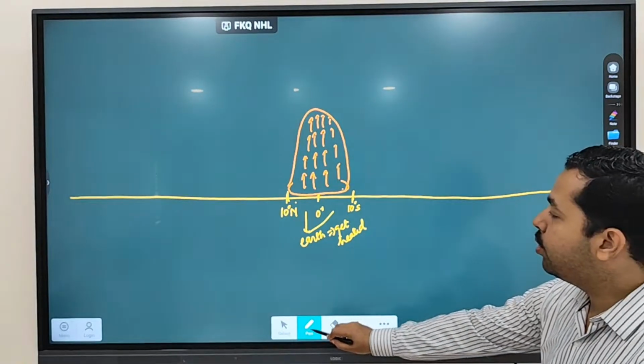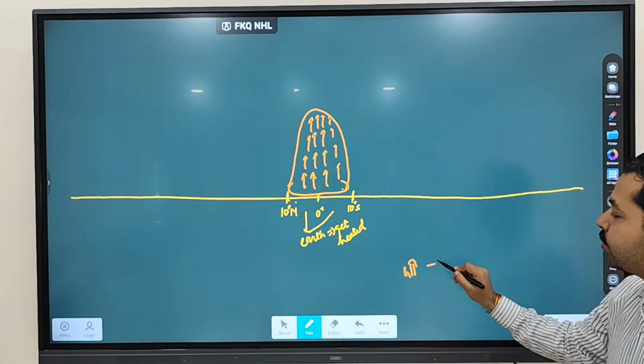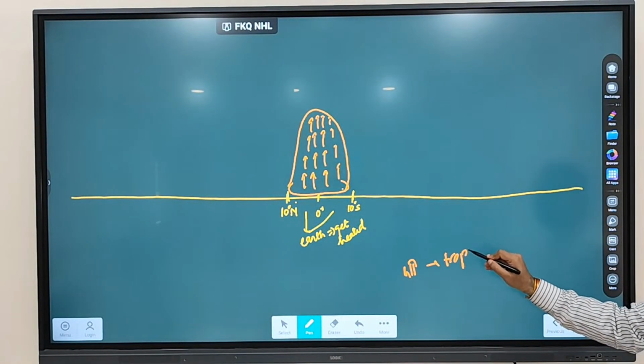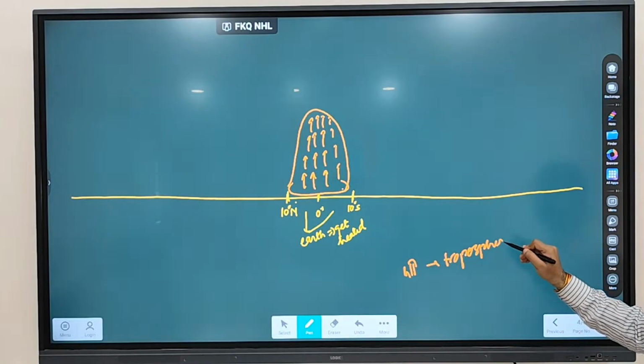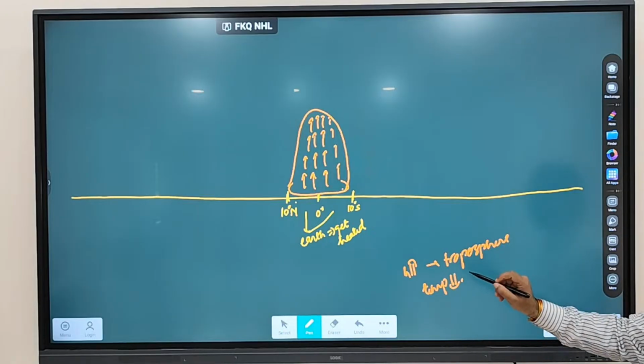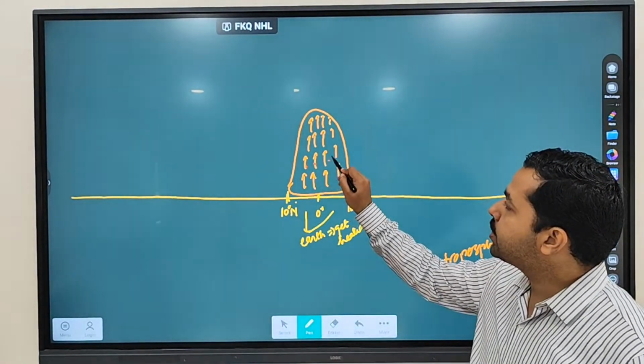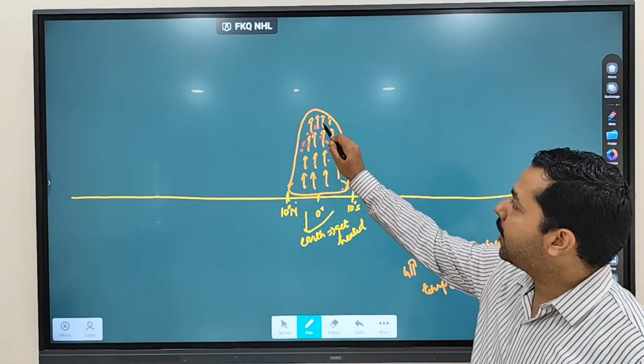Now, as you go up in the troposphere, what happens? Temperature decreases. If temperature decreases, what will happen to the moisture that is present in this air?